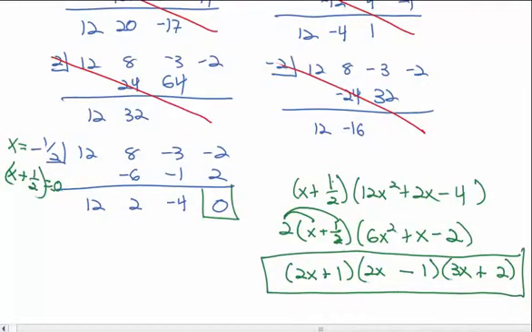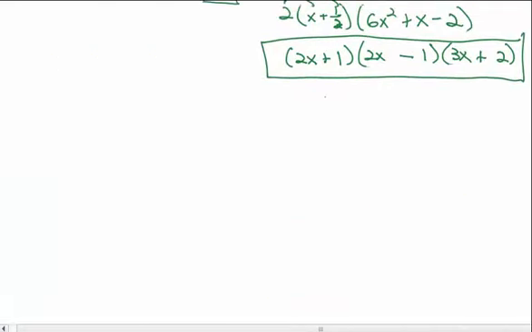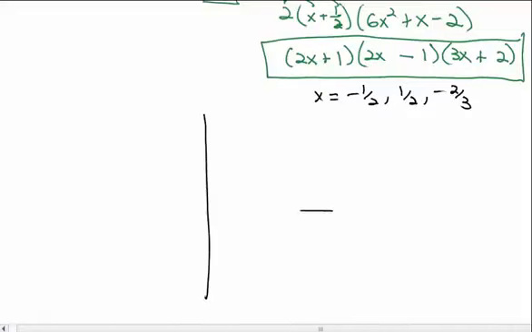2x plus 1, 2x minus 1, 3x plus 2. We can even graph this because we know our solutions are negative 1/2, positive 1/2, and negative 2/3. And so if we were to graph it, negative 1/2, positive 1/2, and negative 2/3 is going to be right there.